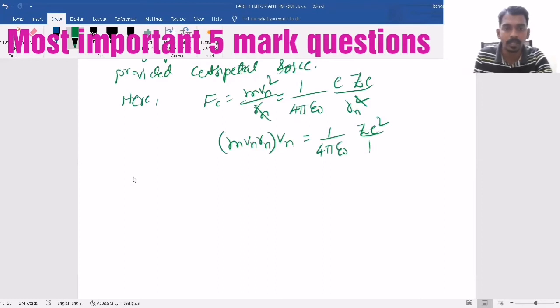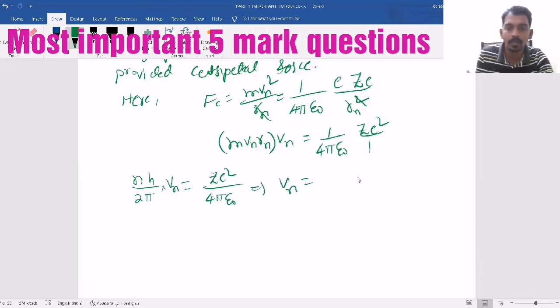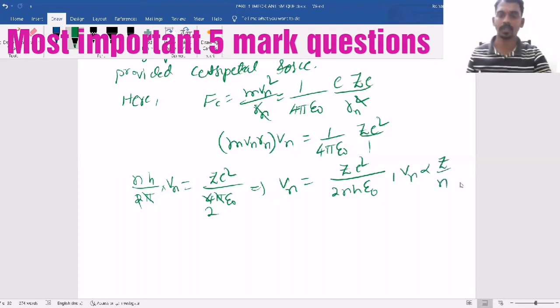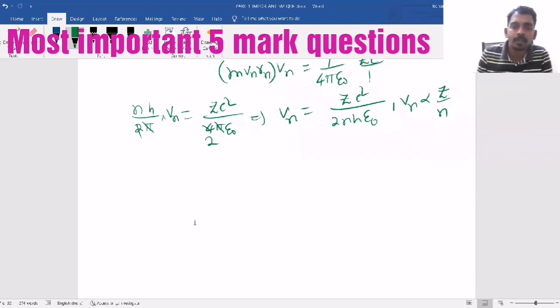So m Vn Rn I can write as nh by 2 pi into Vn equals Ze square by 4 pi epsilon naught, which implies Vn equals Ze square, but here pi gets cancelled, 2 2s are there. So Ze square by nh you bring this side, 2 nh epsilon naught. So Vn is directly proportional to Z by n. This is the equation for velocity.